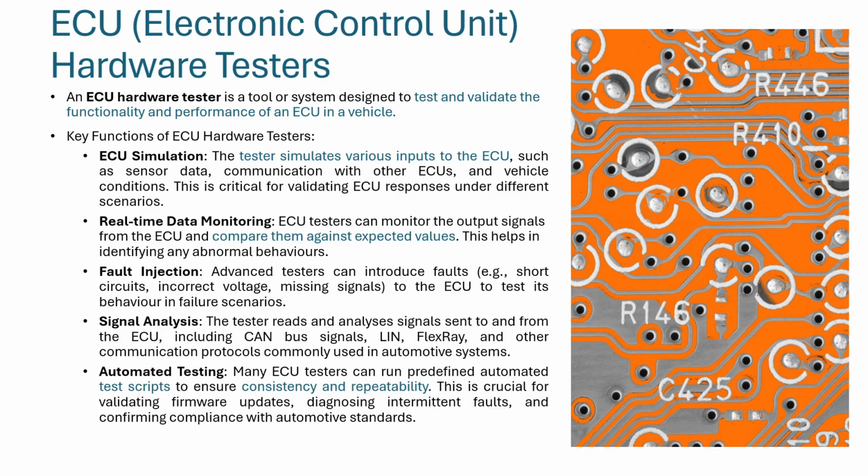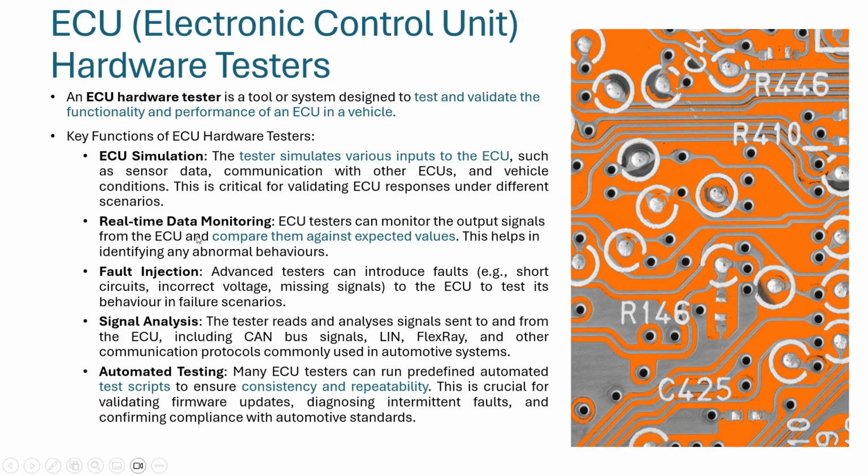So various scenarios of data are simulated and given as input to the ECU under this ECU simulation, and the response of those simulated data from the ECU is monitored and analyzed for the proper functionality of the ECU and proper handling of such dynamic scenarios. This type of simulated input testing is critical for validating ECU responses under different scenarios and ensuring that the ECU will perform well in the actual deployed vehicle.